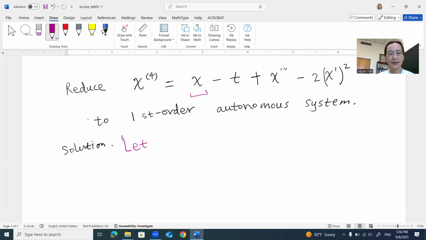So this X, let's invent a new name for X. It doesn't matter if you change the name of this unknown function, it's still the same equation. So let U1 be the same as X.